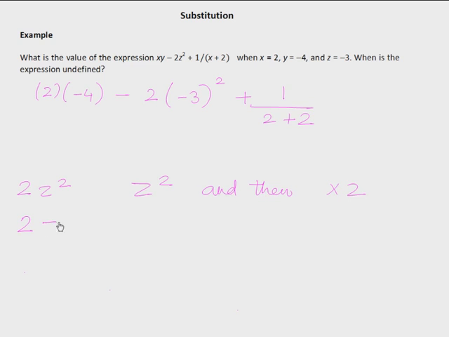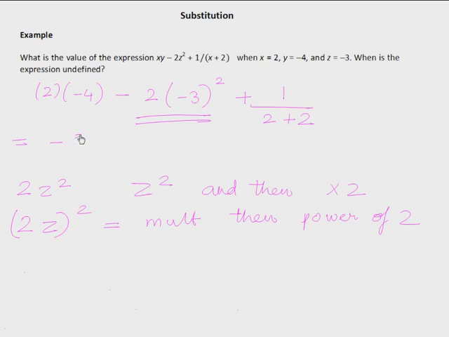If I wanted 2z the whole square, I'd have to put brackets. This means multiply, then power of 2. That's the convention. So you notice that 2z square has been written as minus 3 the whole square and then multiplied by 2. Now let's simplify this whole expression.